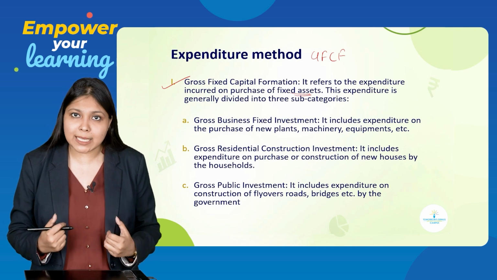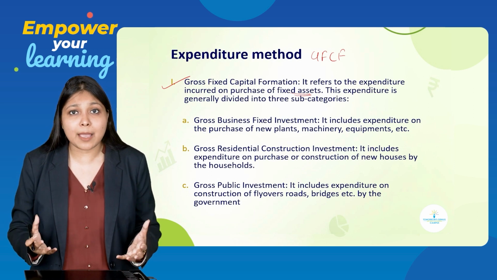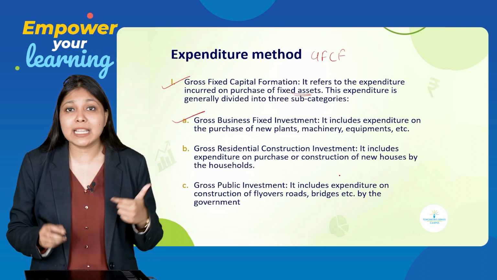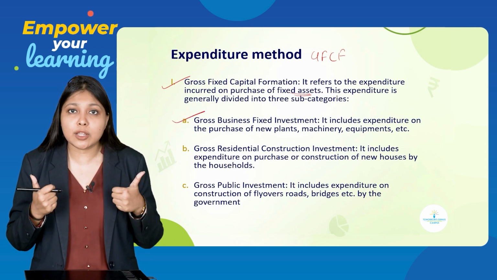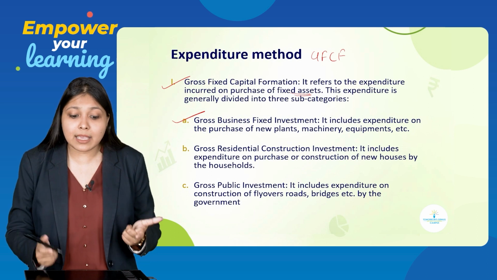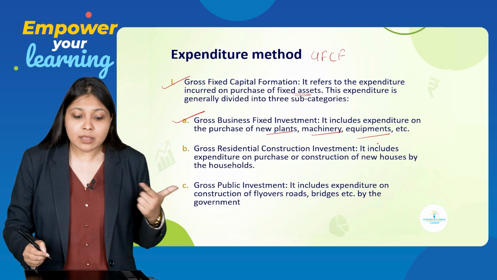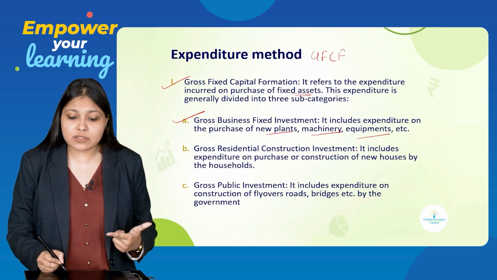Investment in fixed capital can be of three types. First, gross business fixed investment, that is you invest in your business by investing in new plants, machinery, equipment, etc. Second, gross residential construction investment.